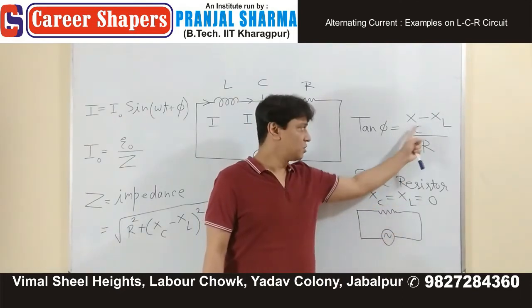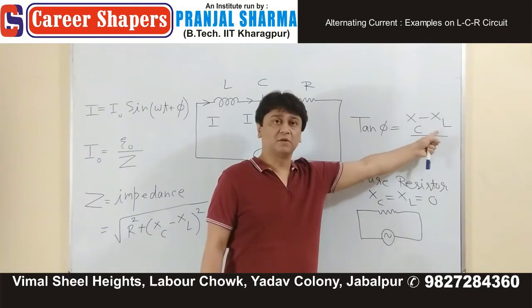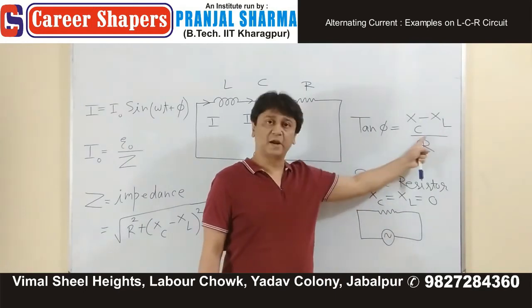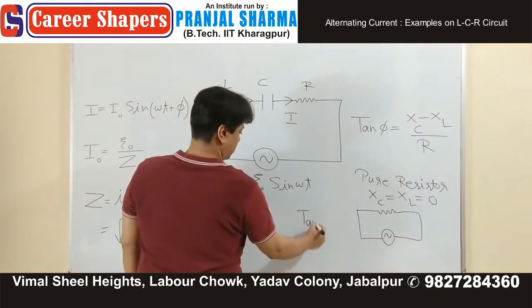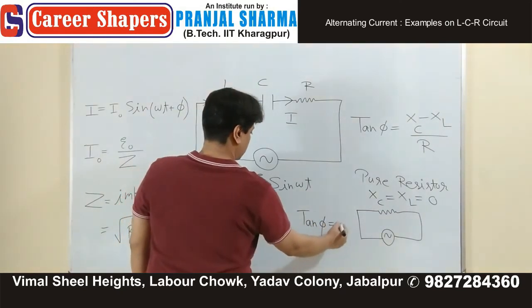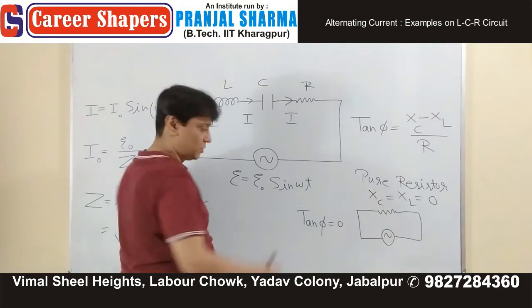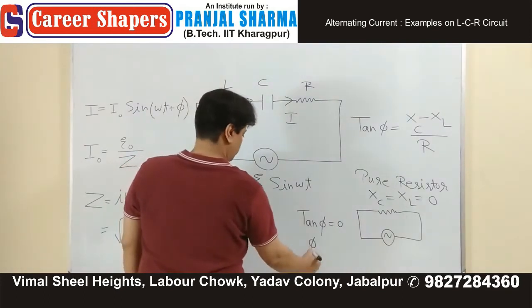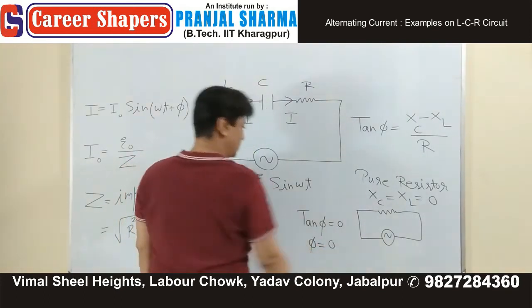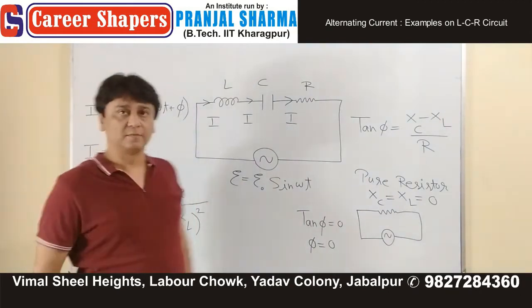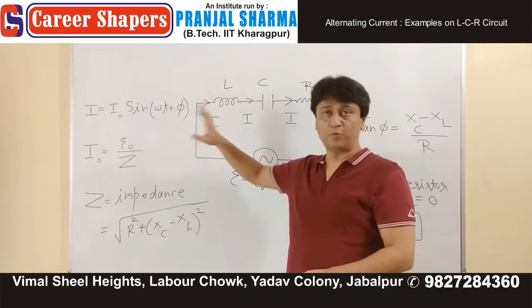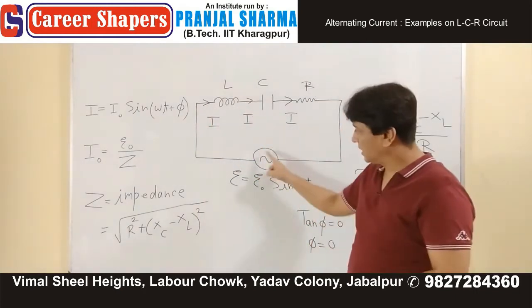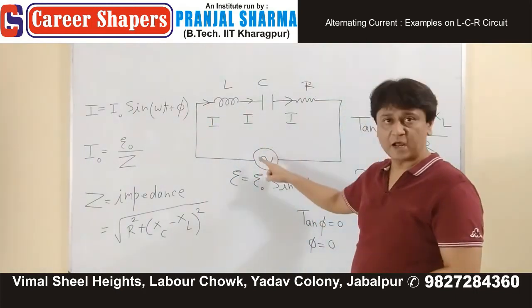If Xc is not present, XL is not present, then what is tan phi coming? For pure resistor, your tan phi is coming 0. Which means what? Which means phi is 0. What is phi? Phi is phase difference between the current and source EMF.